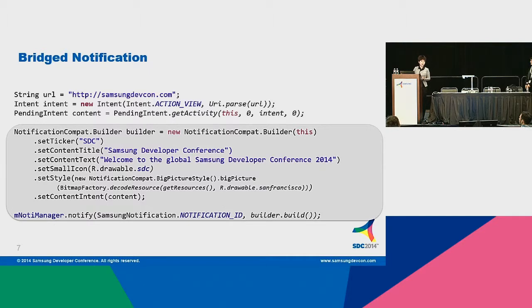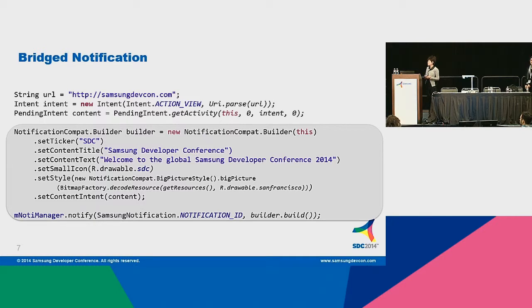This piece of code looks familiar to all Android developers. In the highlighted part, we simply use a notification compat builder to construct our notification. We define ticker, content title, content text. We also add a small icon and a background image.